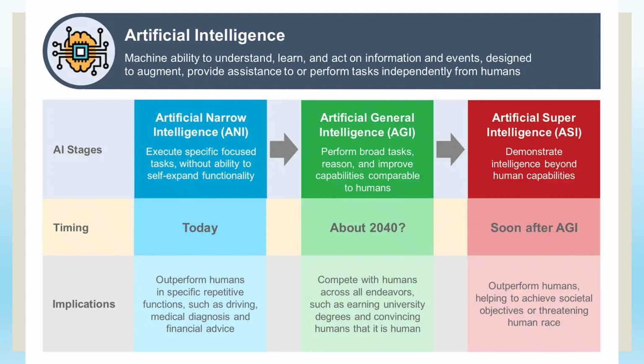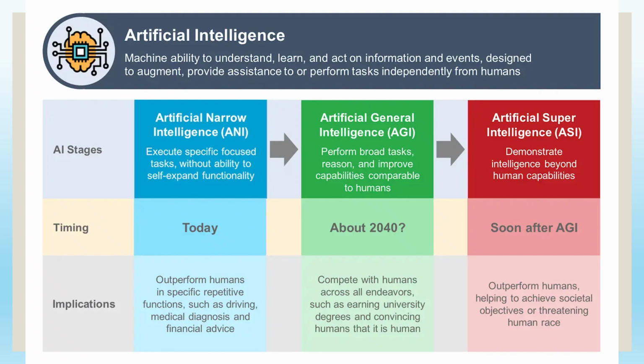This could be the stage where AGI will be able to earn university degrees and convince humans that it is human. So this is a bit of a concern stage, when we start talking about artificial intelligence that would compete with humans in different areas and might even replace humans in specific professions.